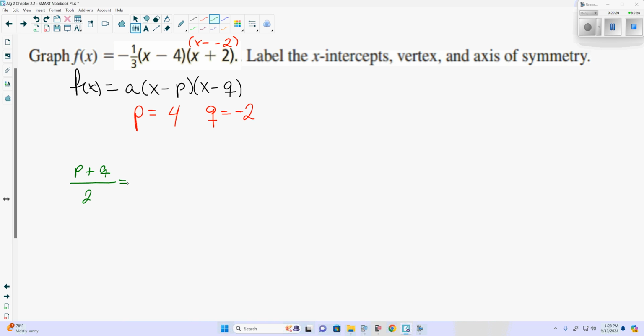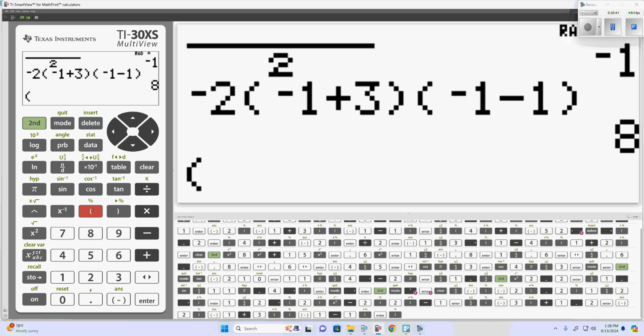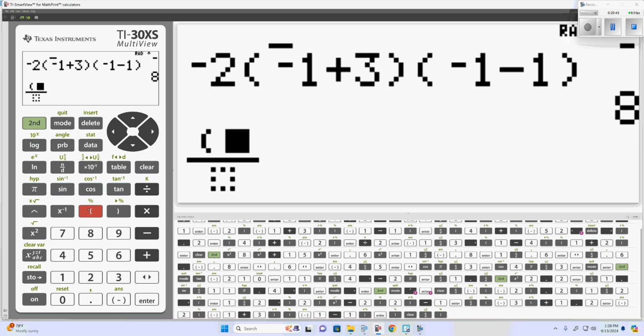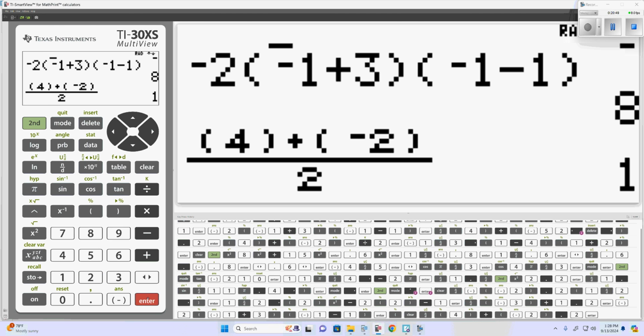Why don't we go on and do our main two calculations for this, which is our p plus q over 2 and f of p plus q over 2. So p plus q would be 4 plus negative 2 over 2. And again, at this point, we can do this in the calculator. 4 plus negative 2 over 2 is 1.